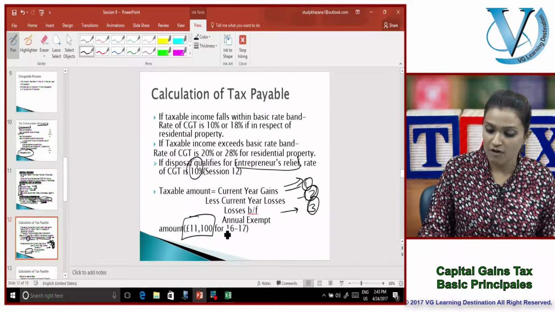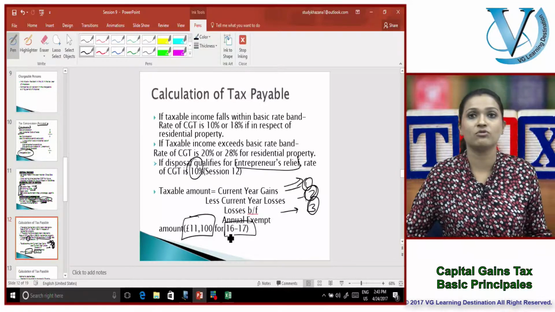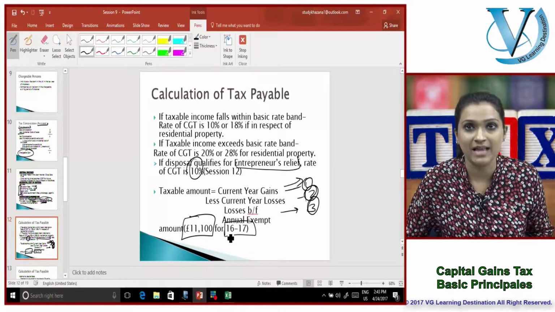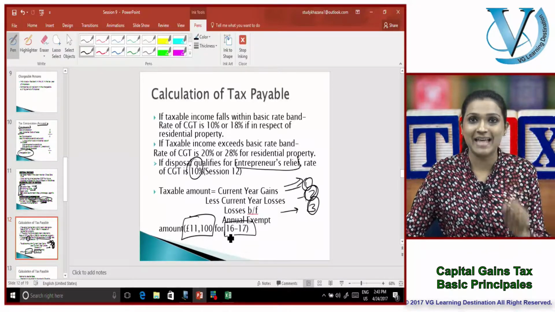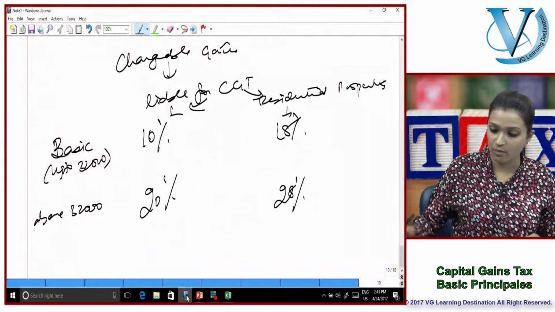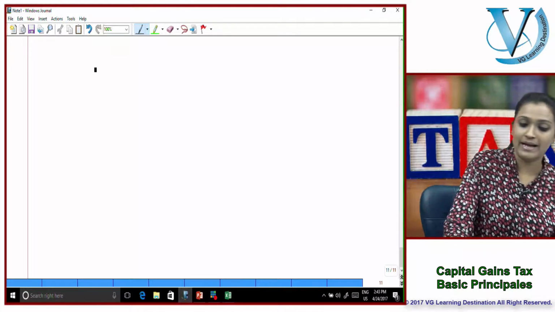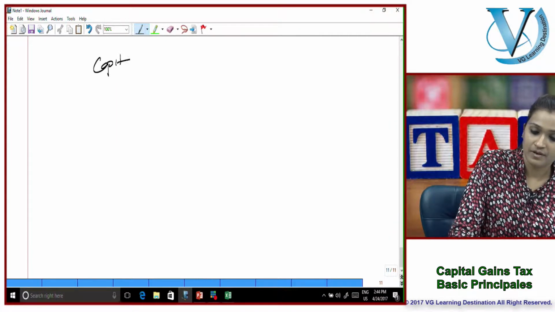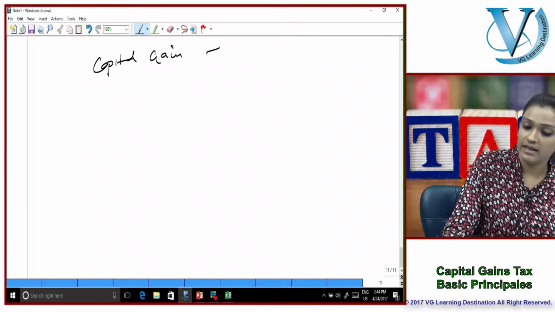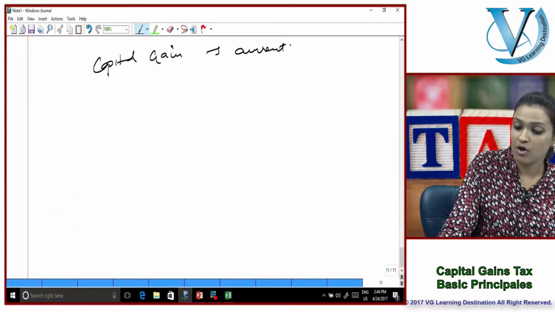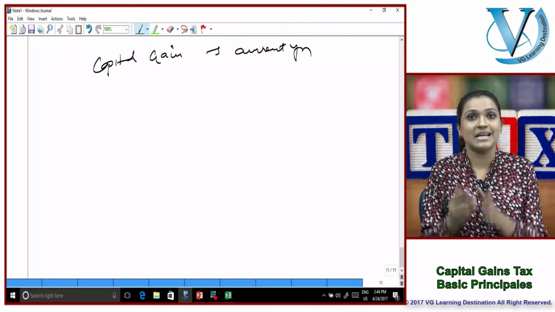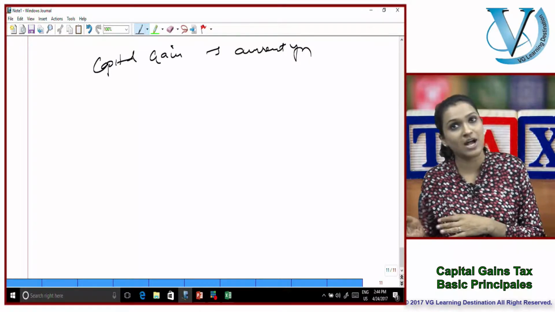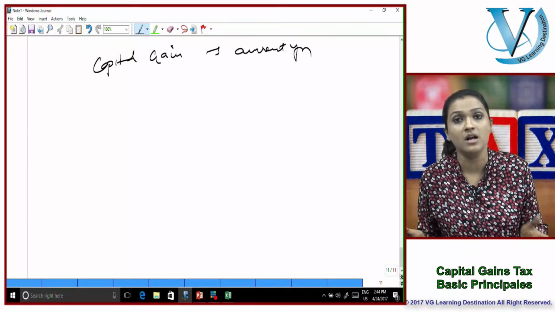So for 16-17, the annual exempt amount is 11,100 pounds. Very quickly, you make a capital gain in the current year on a particular chargeable disposal of a chargeable asset. In the same year, on some other chargeable asset, you could very well have made a loss.